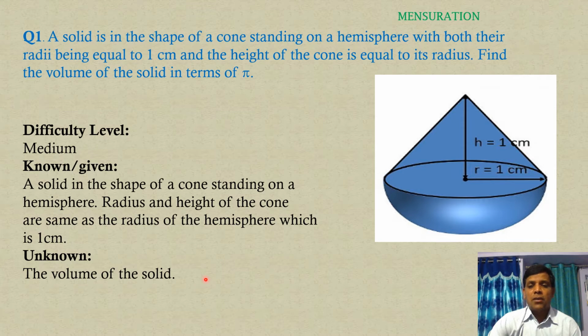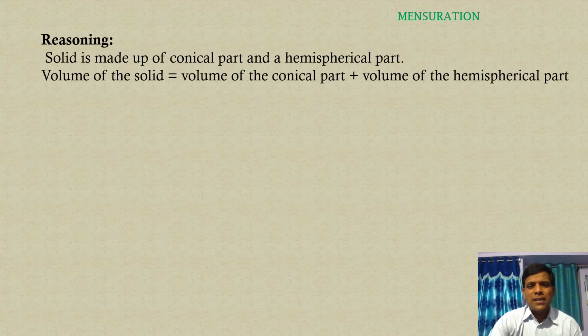Next, unknown. Unknown means we need to find the volume of the solid. Next, reasoning. Reasoning means which formula is applicable. Based on the question, the solid is made up of a conical part and a hemispherical part.